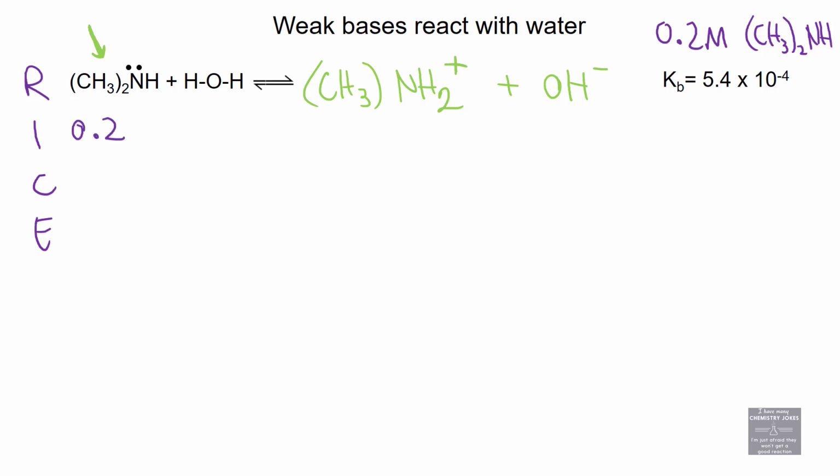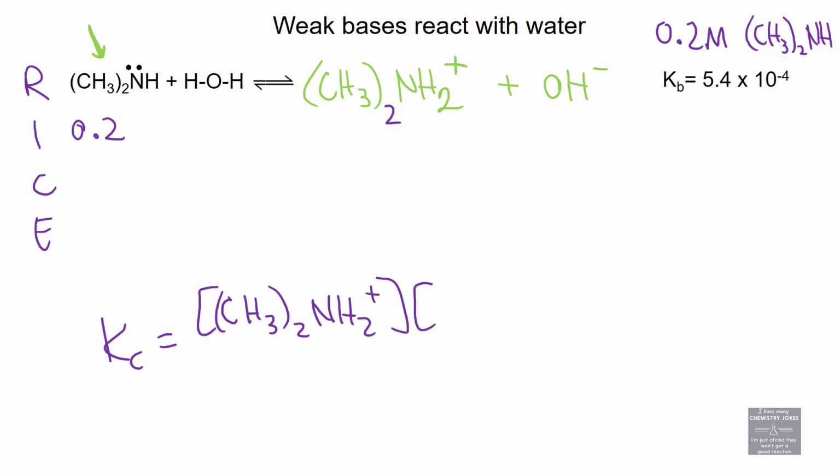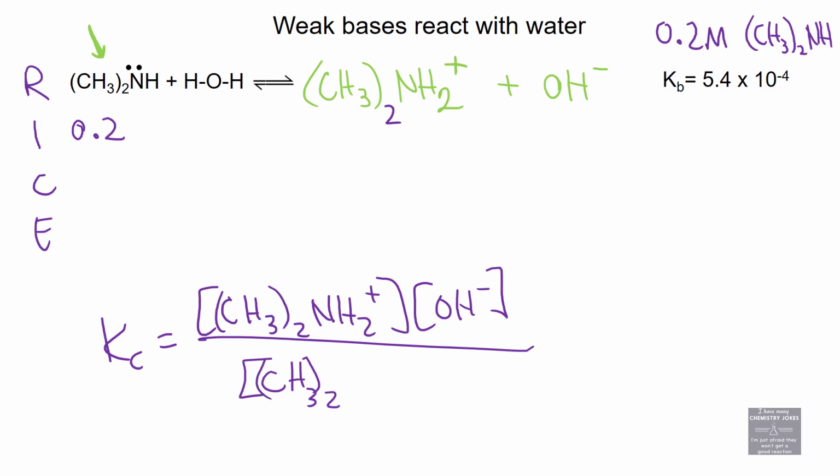0.2 molar. Kc of this equation would be our products, that's (CH3)2, I forgot the 2 up there, (CH3)2NH2+ times OH- divided by (CH3)2NH, dimethylamine, times water.